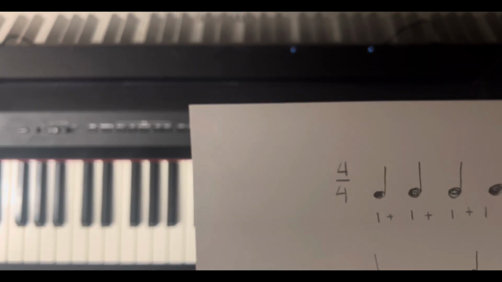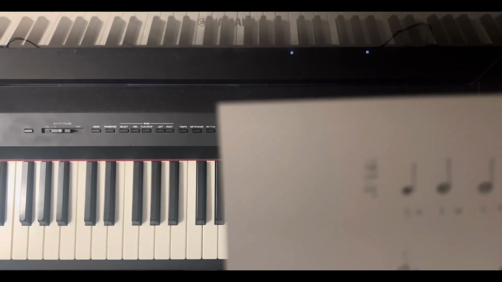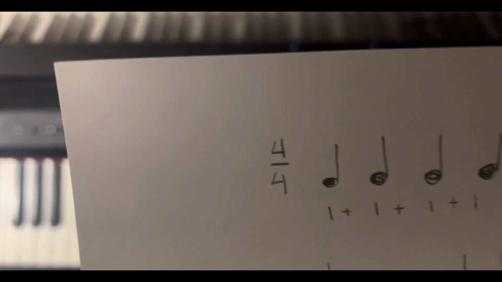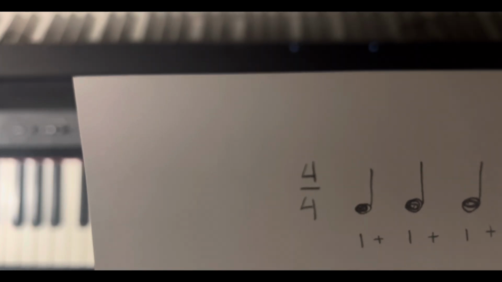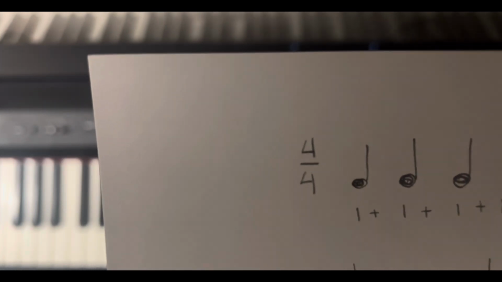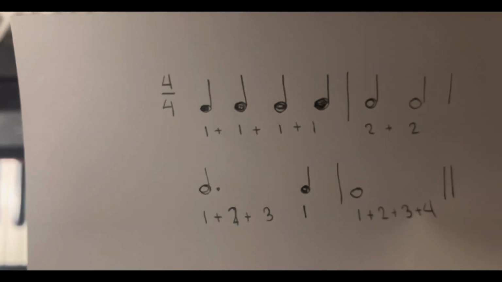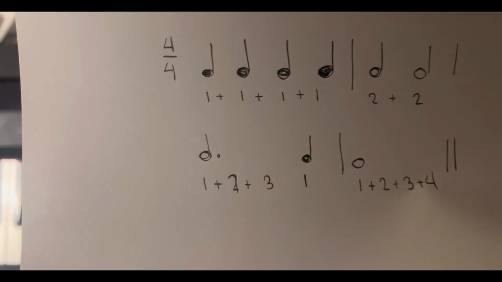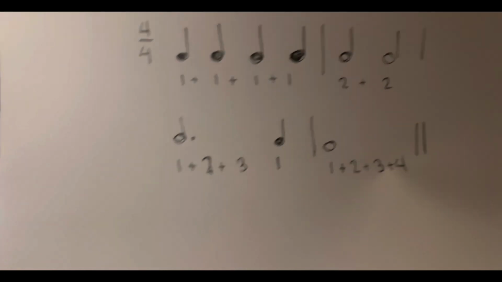We know there are 4 beats in every measure, so let's add our notes until we get to 4. Quarter notes are 1 beat, and in that case, we can count it as 1 plus 1 plus 1 plus 1 equals 4.